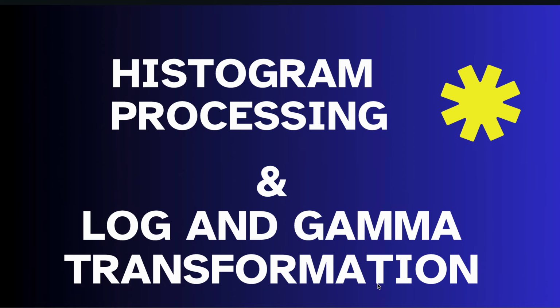We'll do histogram equalization and adaptive histogram equalization. And then we'll look at log and gamma transformation. These are really useful if you're specifically dealing with X-ray images, and especially this gamma transformation really works well on any type of images.